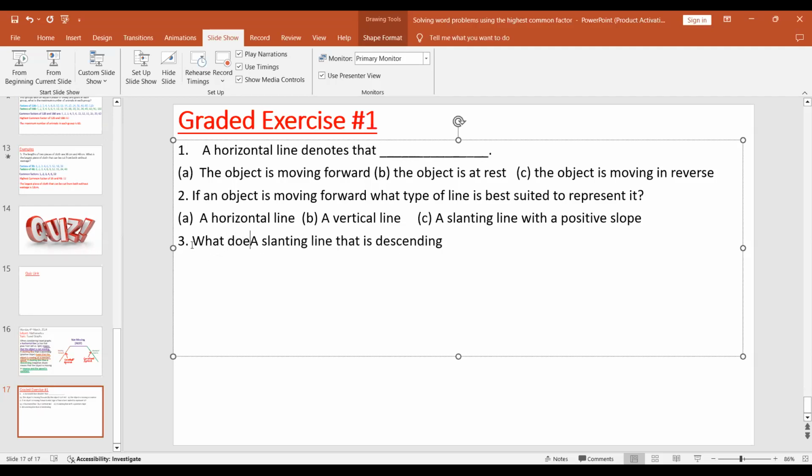What does a slanting line that is descending tell us about the object? The object is moving forward.